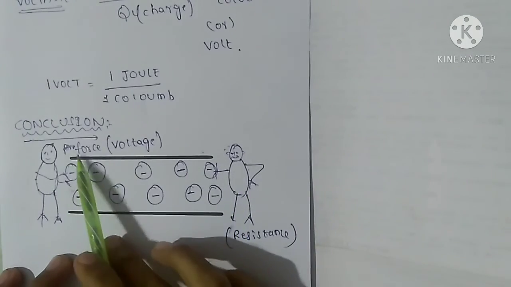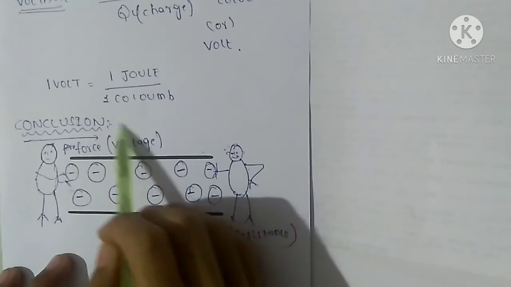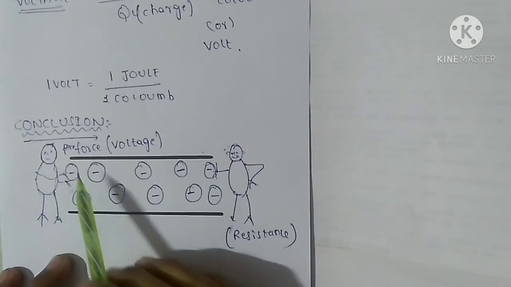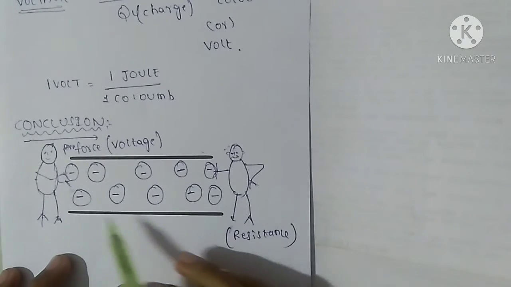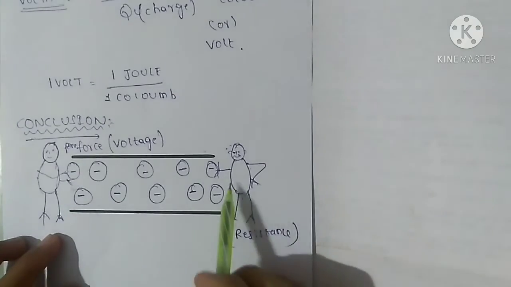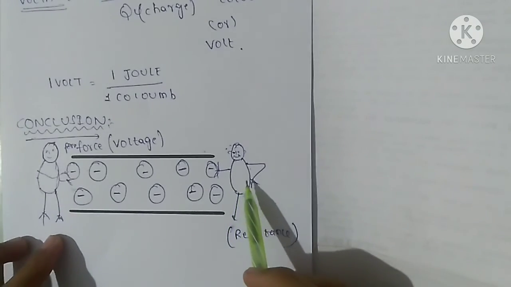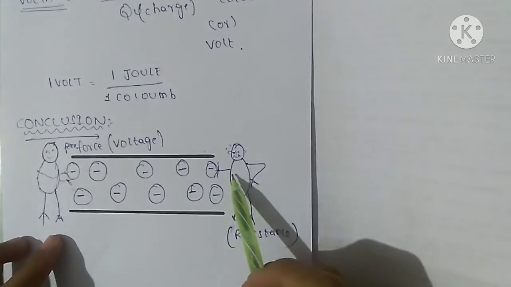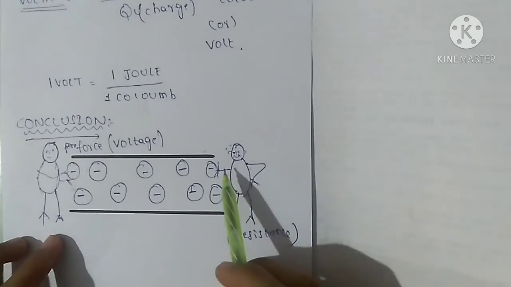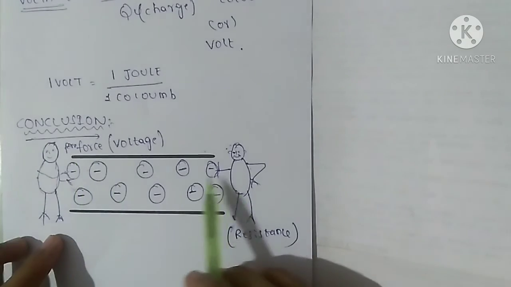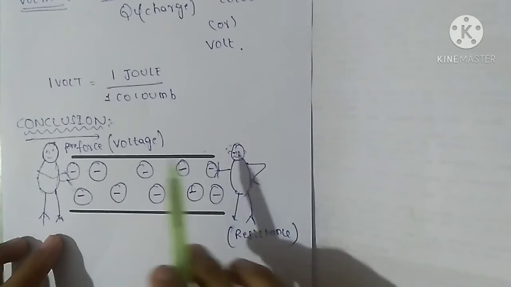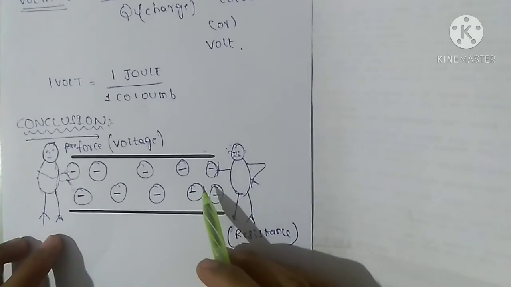Here we analyze voltage as a force. If we apply a force on electrons, the electrons will move from left to right, but due to resistance the flow of electrons will be opposed, due to which the force will be decreased somewhat. It is known as force drop, the analogy of voltage drop.